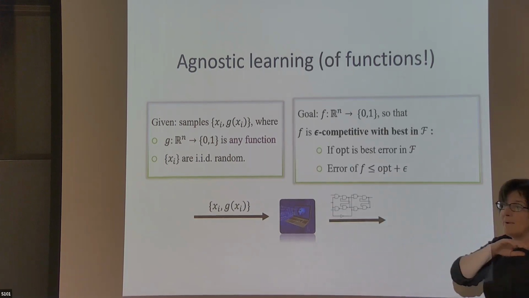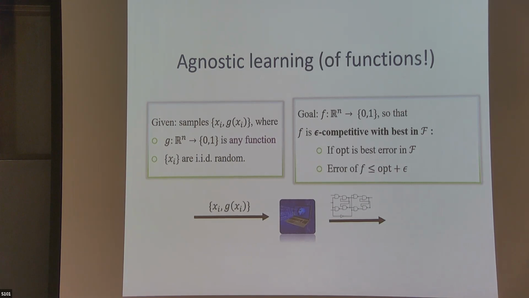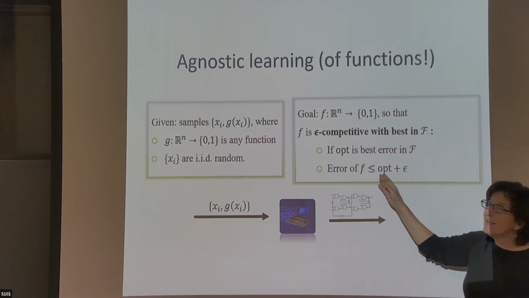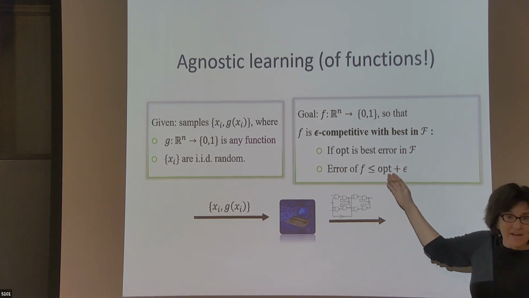It's any function. You make no assumptions about g. And you would like to label it with the best hypothesis from your class script f. And you can't always get the best one in script f, so you'd like to be epsilon competitive. You'd like to be within epsilon of the optimal choice.